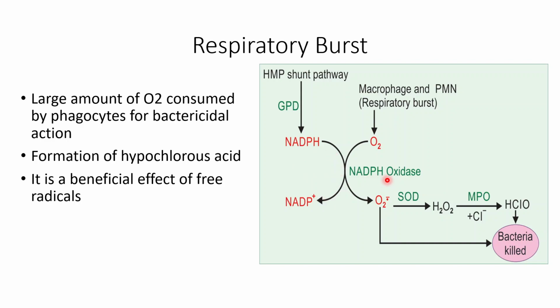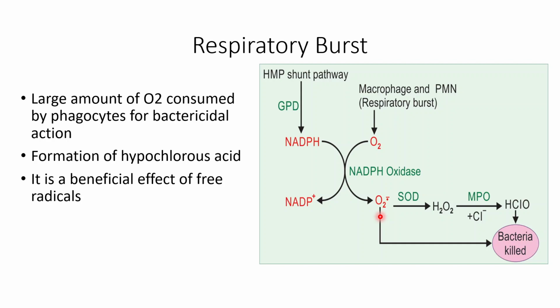So NADPH oxidase utilizes NADPH. Now this NADPH is generated by the HMP shunt, where you have glucose 6-phosphate dehydrogenase, which is the rate limiting enzyme. So the HMP shunt gives us the NADPH, which is utilized by the NADPH oxidase, and it converts molecular oxygen to superoxide anion.